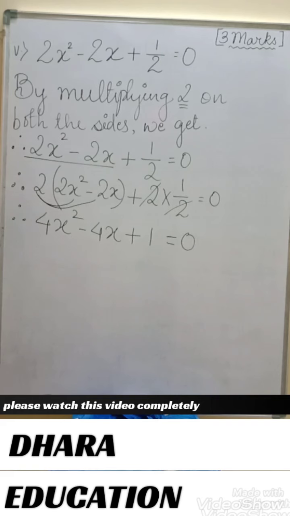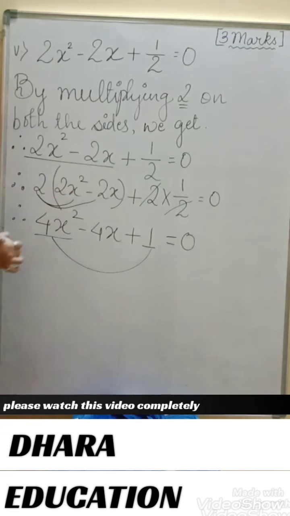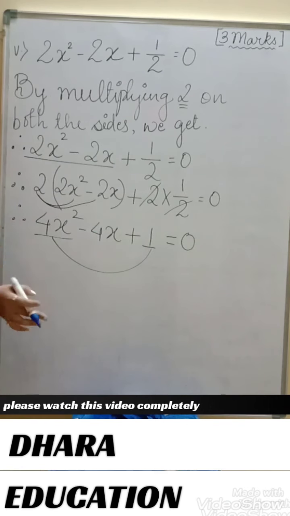Alright. As in the previous videos I have shown you, the very first step is to multiply the first term with the third term. Correct? So here 4 multiplied by 1 gives you 4. For that reason we have to take out the factorization, and it is very simple and easy.